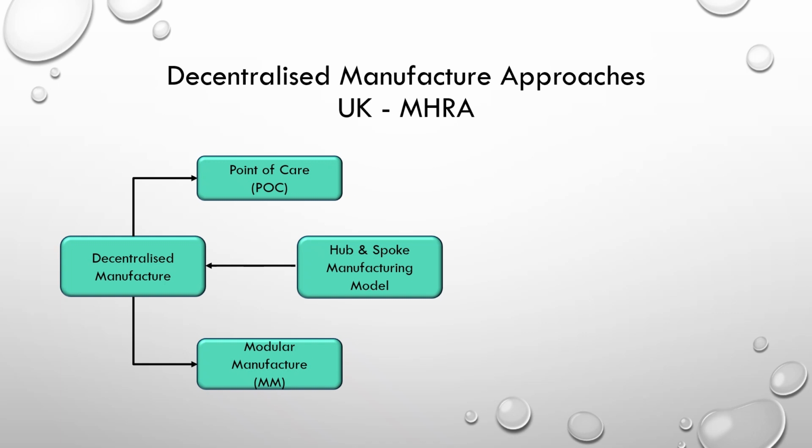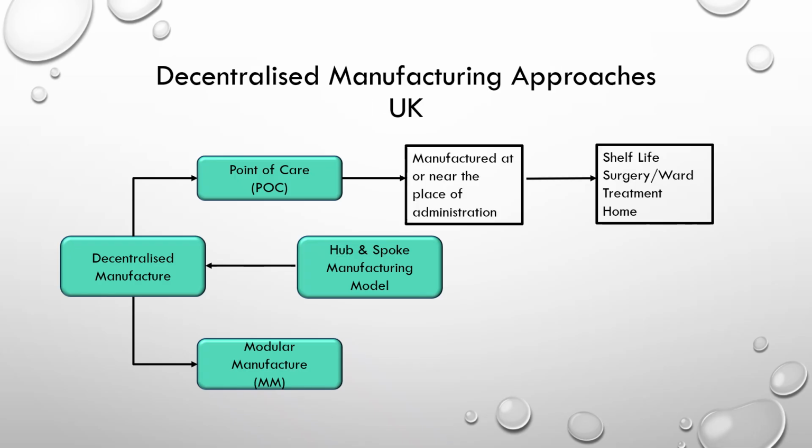And it encompasses two categories: point of care and modular manufacture, and both are defined partly by their necessity for geographical proximity to the user. Point of care is basically defined by a critical link between the manufacture and the administration of the drug.